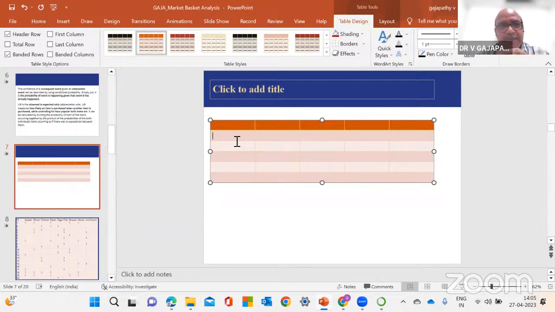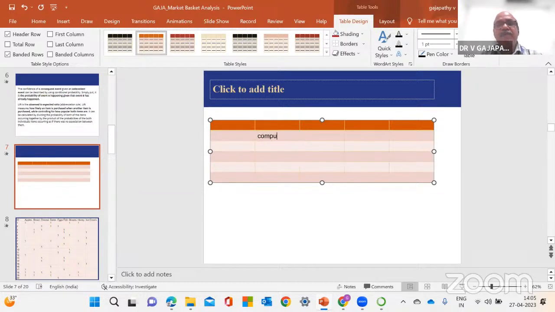That is what is called a basket. Say, whenever I'm going to buy a newspaper, if I buy Business Line, I'm buying Business Standard also. That is how.